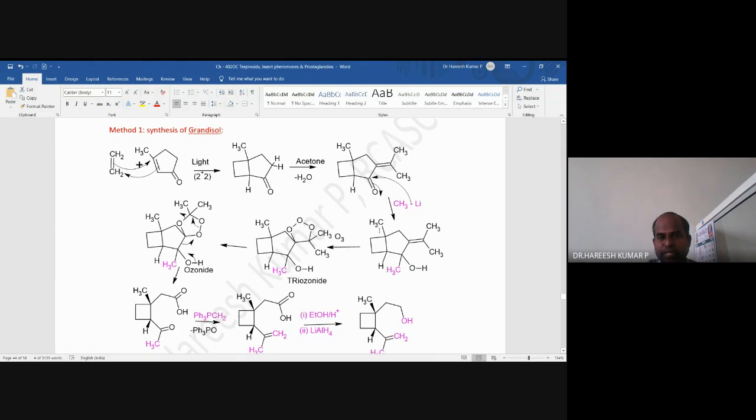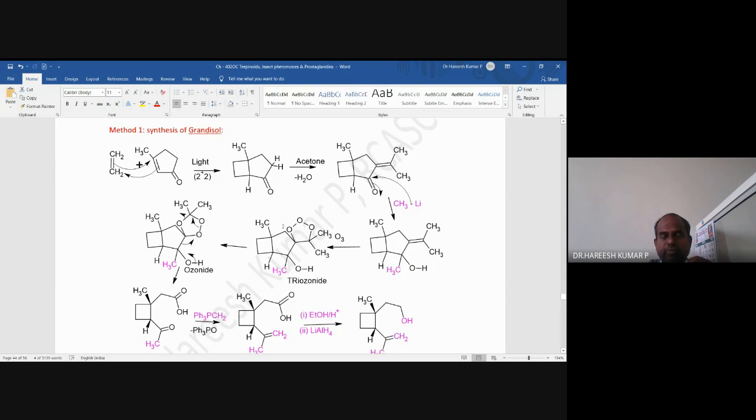This methyl substituted product is treated with ozone. I think you are aware of ozonolysis. What will it do? There will be a reaction at the double bond. Here the double bond is an alkene, and this double bond reacts with O3, which is ozone.